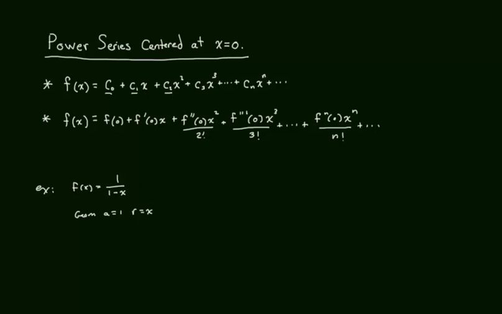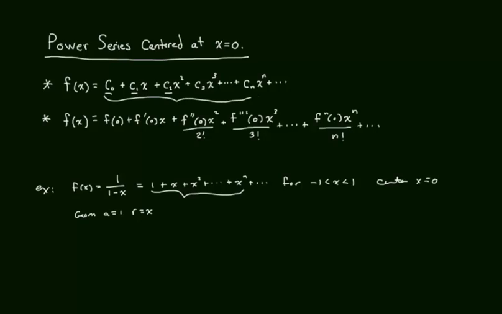We recognize this as the sum of a geometric series, and this comes out to be 1 plus x plus x squared plus dot dot dot plus x to the n plus dot dot dot, and we said that it will be true for x between 1 and -1 with a center of 0. Okay, and this form here clearly meets the definition of a power series centered at x equals 0.